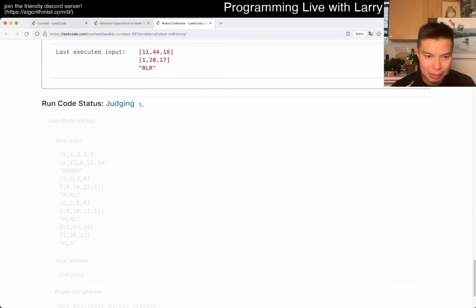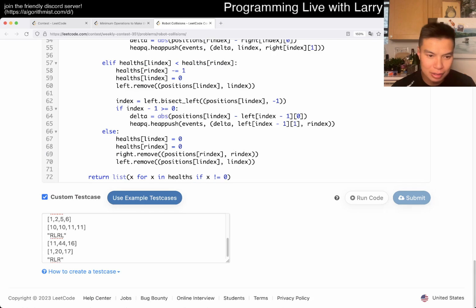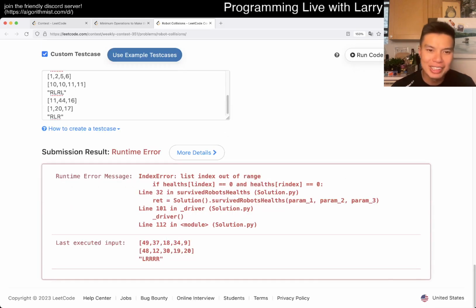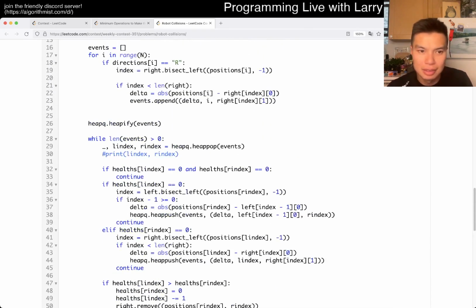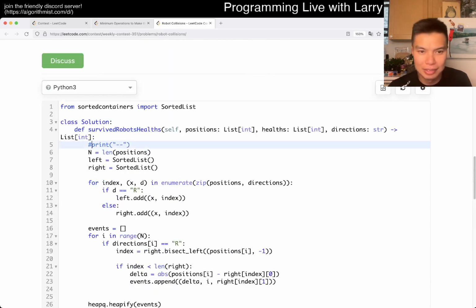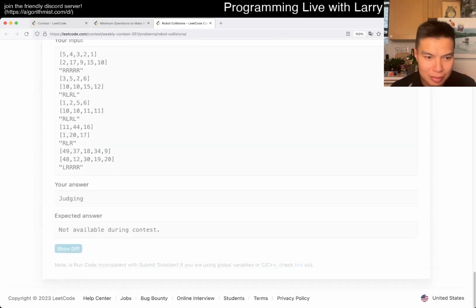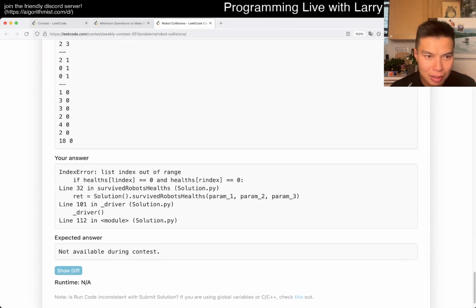Cannot escape the typo. Alright, let's go. What is going on? Do I have another typo somewhere? I mean, I must have, right? And this is bugging me out. 18.